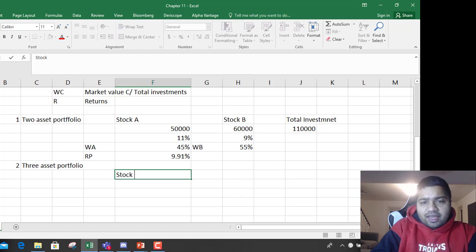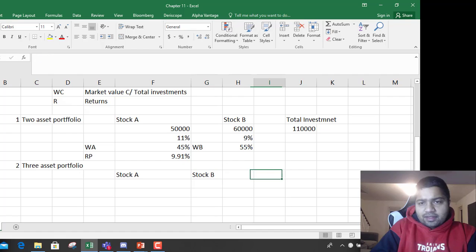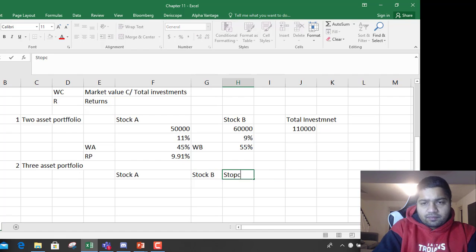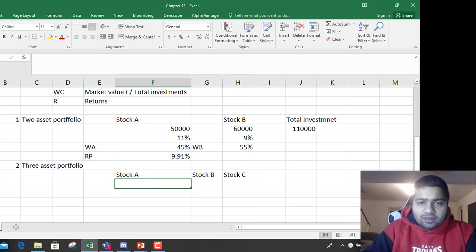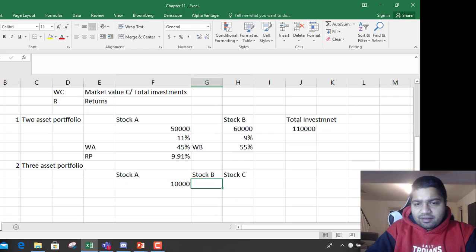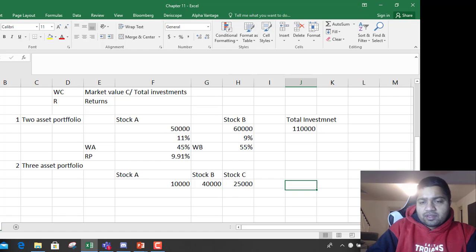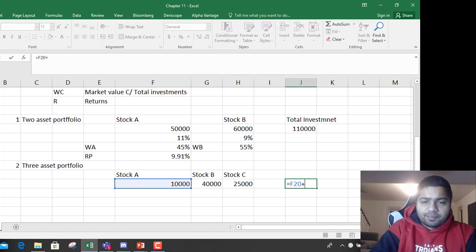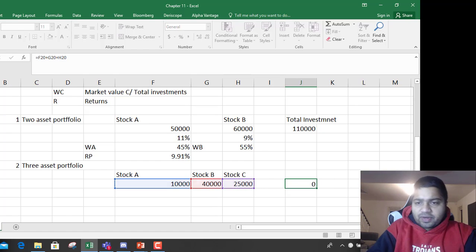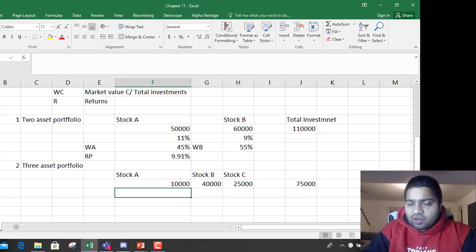Sometimes they give you 3 asset portfolios. So they give you stock A, stock B, and stock C. Okay. So let's say you are putting in 10 grand in stock A, 40 grand in stock B, and 25 grand in stock C. So in total you're putting 10 plus 40 plus 25, $75,000.